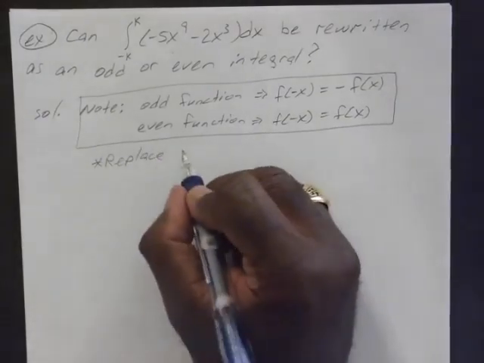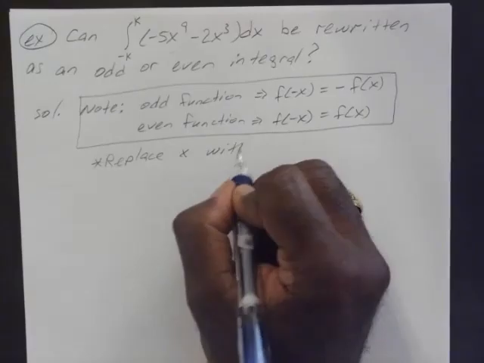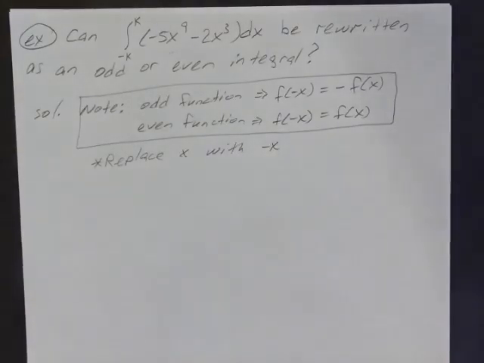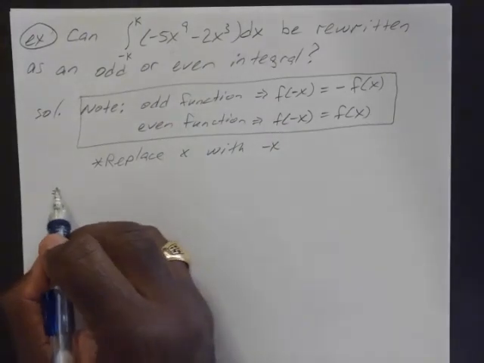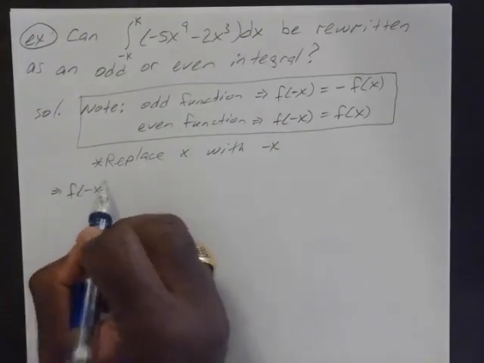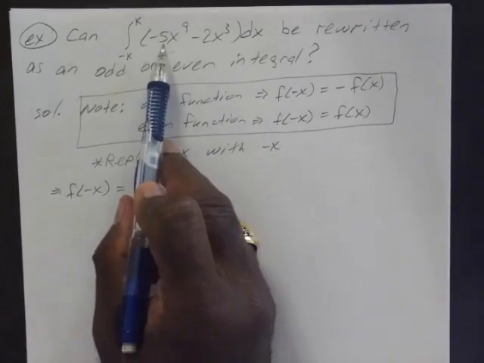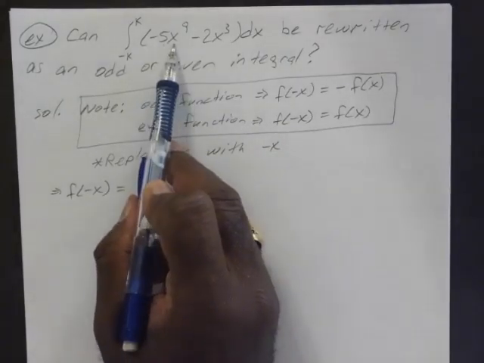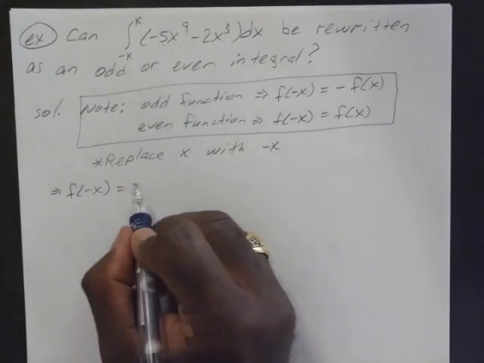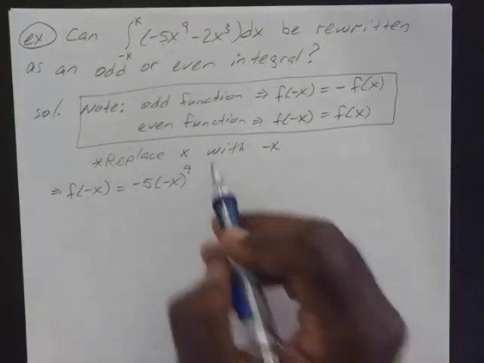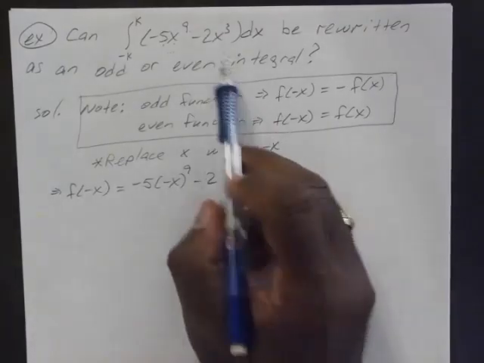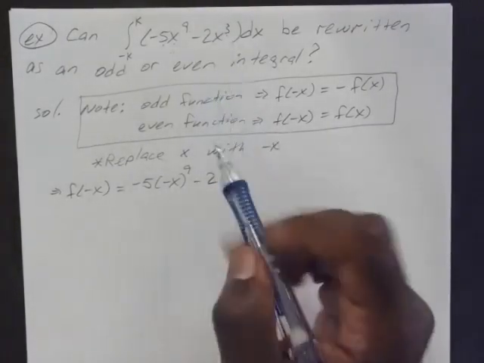So we're going to replace x with negative x. So that means that f of negative x is going to equal negative 5 times negative x to the 9th power, minus 2 times negative x to the 3rd power.